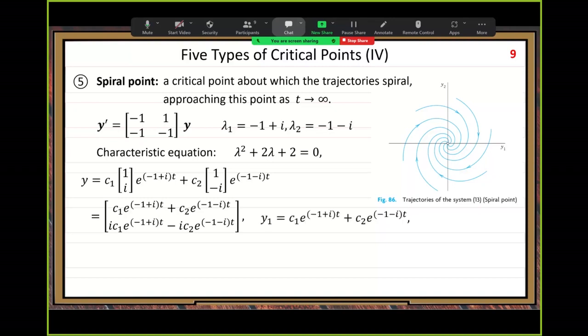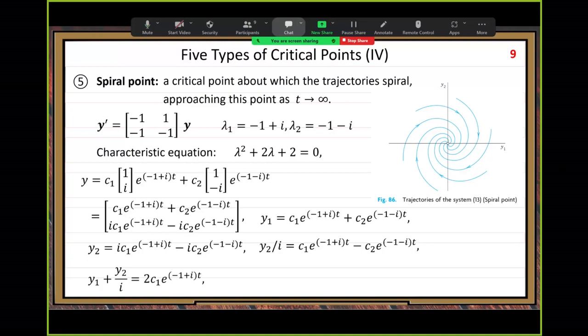Then I divide both sides by I, so we try to do some cancellation here, similar to what we did in the previous one. y1 plus y2 over I equals double the first term, and y1 minus y2 over I equals double the second term.